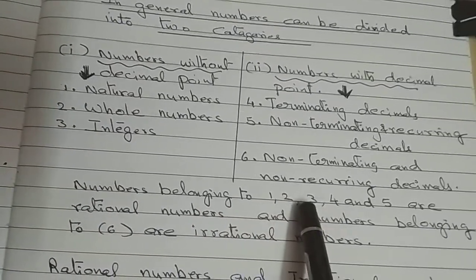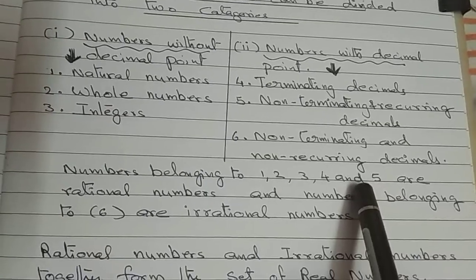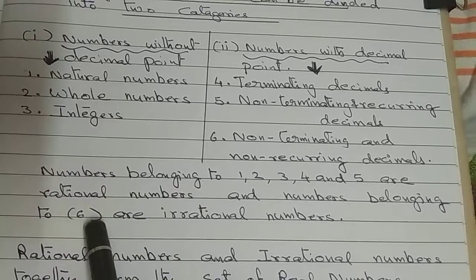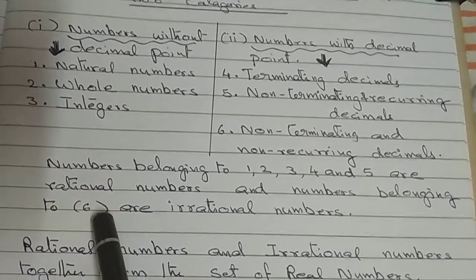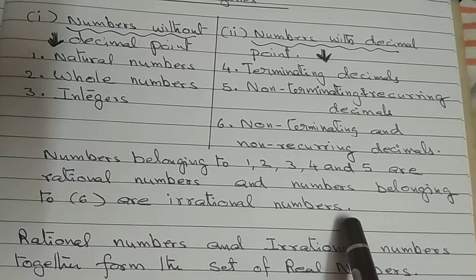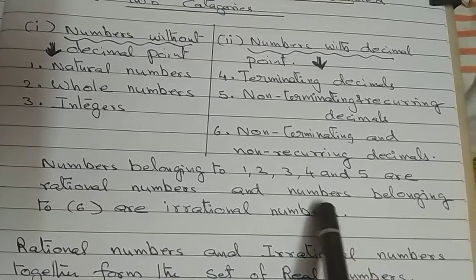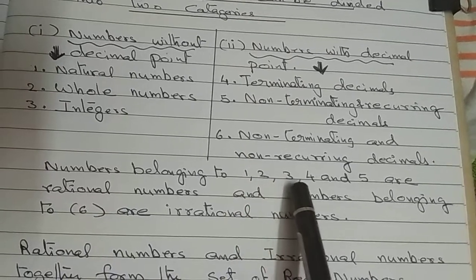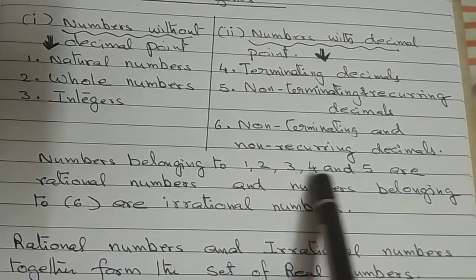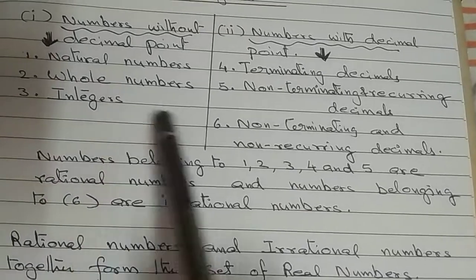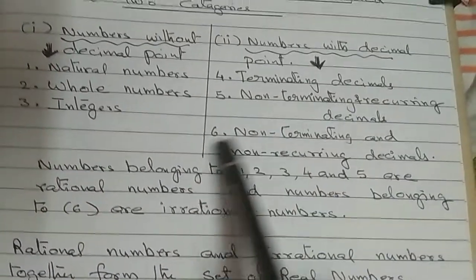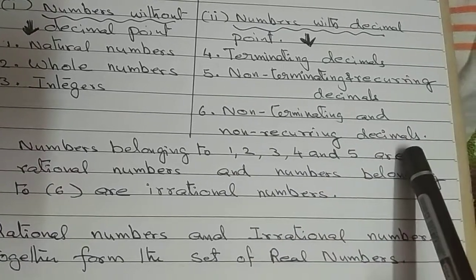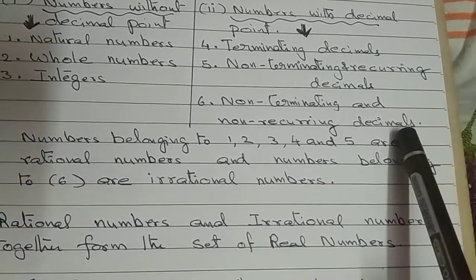Now if you analyze this, numbers belonging to 1, 2, 3, 4 and 5 are rational numbers, and numbers belonging to the sixth part are irrational numbers. Once more, numbers belonging to 1, 2, 3, 4 and 5 are rational numbers till here, and the sixth part, non-terminating and non-recurring decimals, they are irrational numbers.